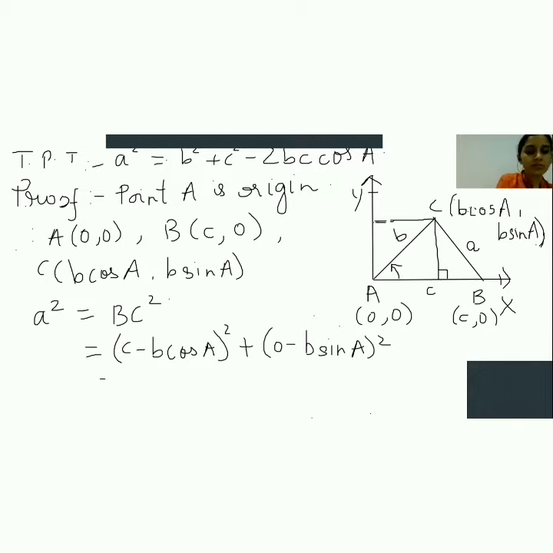Which will be equal to c square minus 2bc cos A, formula of a plus b the whole square, plus b square cos square A, plus b square sin square A.